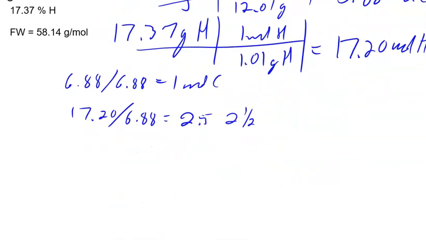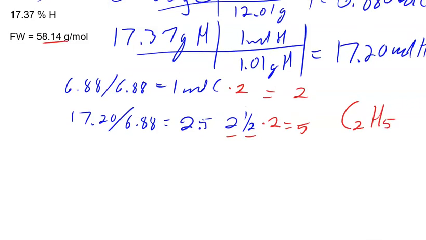So in other words, the denominator in the fraction is a 2. I'm going to multiply this by 2 and this by 2. So 1 times 2 is 2. And then 2.5 times 2 is 5. And those are lowest whole number ratios. I got C2H5.